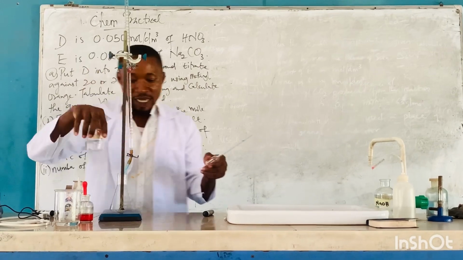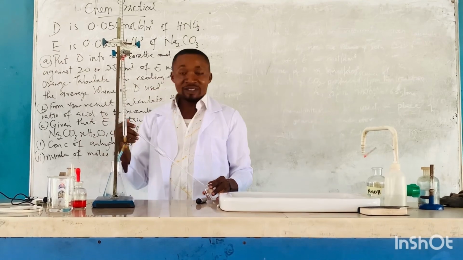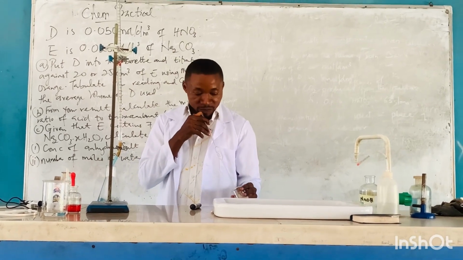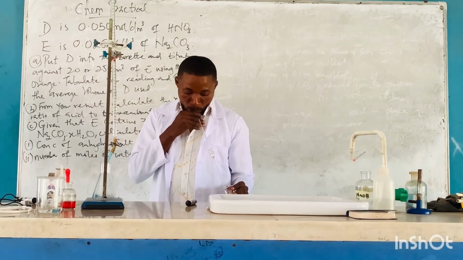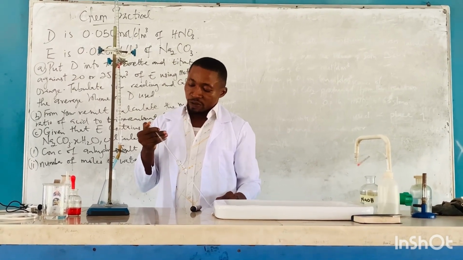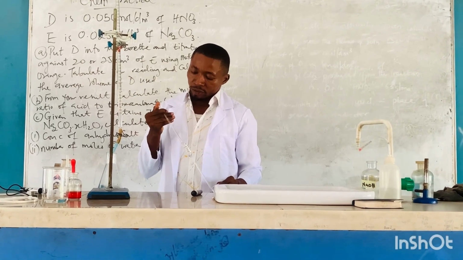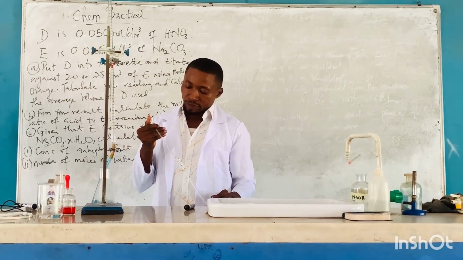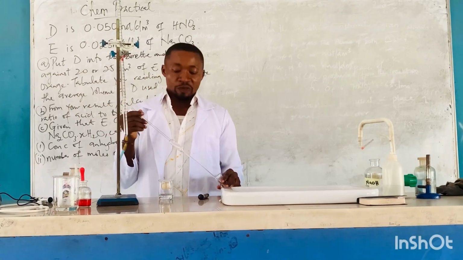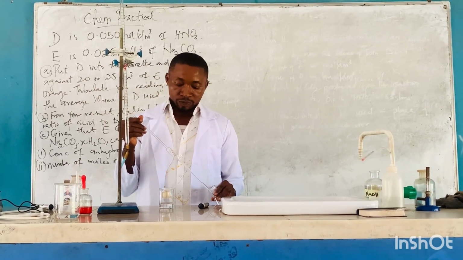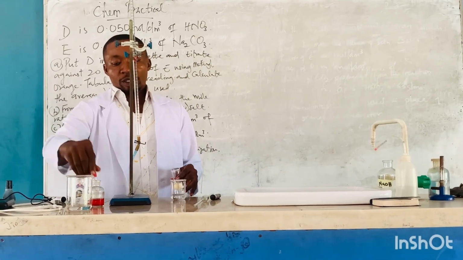So I'm going to get my base. I believe everybody here on this YouTube channel has seen us take this experiment before. When you get your base, you put it into your conical flask. Then you take 2 or 3 drops of your methyl orange.